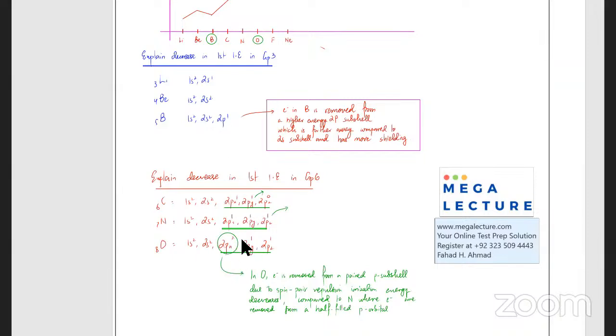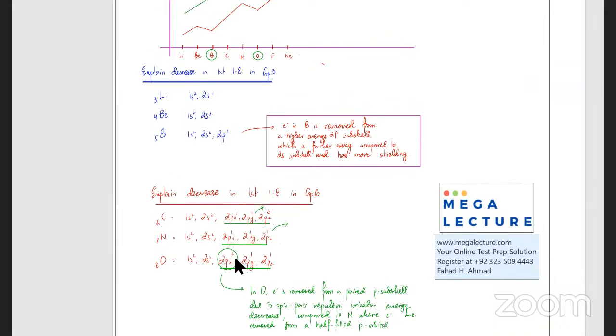When you go to P4, one of the p orbitals now has 2 electrons, so there is repulsion, and it becomes easier to remove electrons. So in oxygen, electrons are removed from a paired p subshell, and due to spin pair repulsion, ionization energy decreases compared to N, where electrons are removed from a half filled subshell. Before that, everything is half filled. At oxygen, at group 6, all of a sudden you've got a paired p orbital. Okay. ये बात clear है?